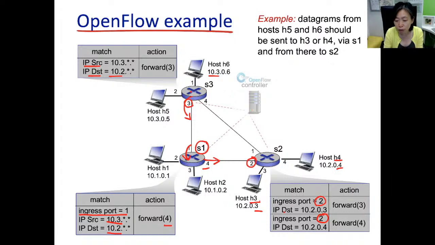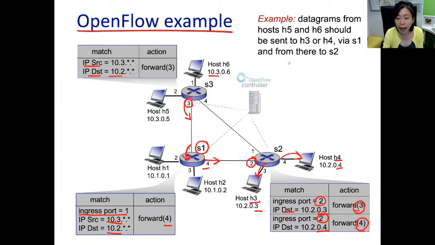So if we match more exactly, the destination address being 10.2.0.3, then go on interface 3. So data goes this way. On the other hand, if it's 0.4, then it is forwarded on interface 4, therefore reaching H4. So OpenFlow is really nice and flexible.